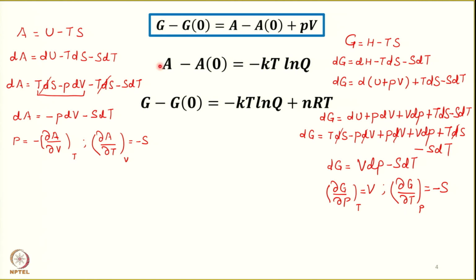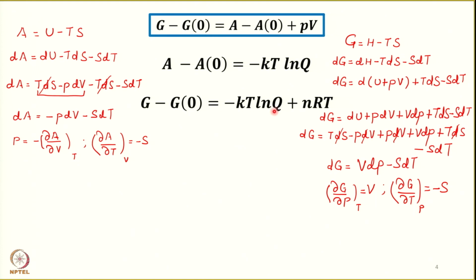So when we have expressions connecting the Helmholtz function and the Gibbs function with the canonical partition function, we can also obtain entropy, volume and some other thermodynamic quantities in terms of the canonical partition function through such correlations.